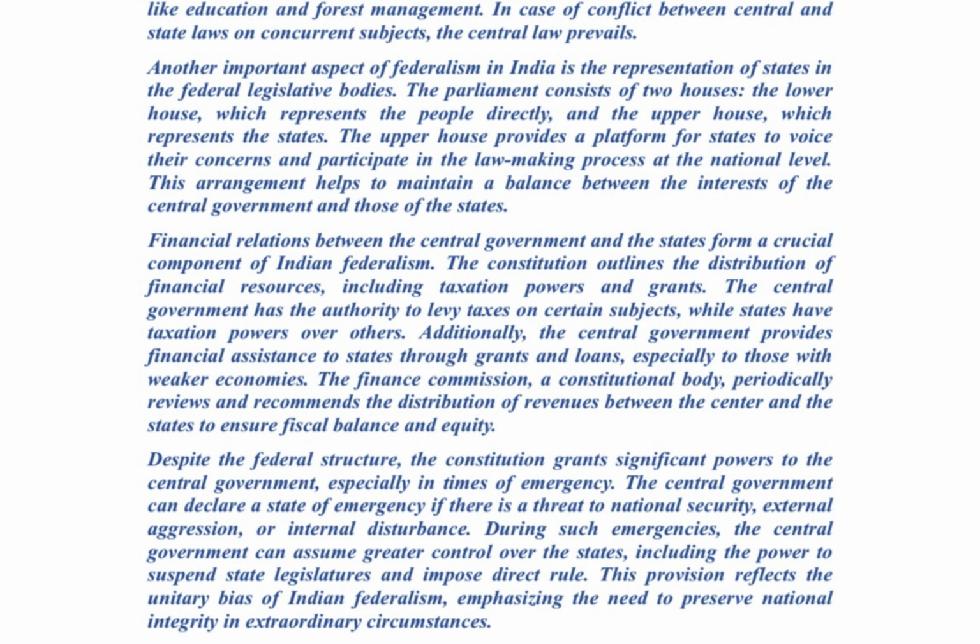The upper house provides a platform for states to voice their concerns and participate in the lawmaking process at the national level. This arrangement helps to maintain a balance between the interests of the central government and those of the states.